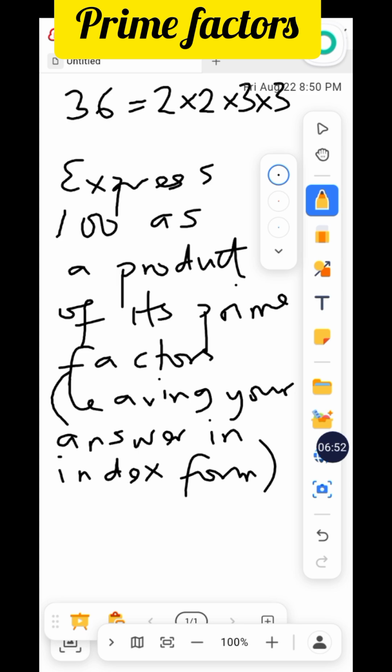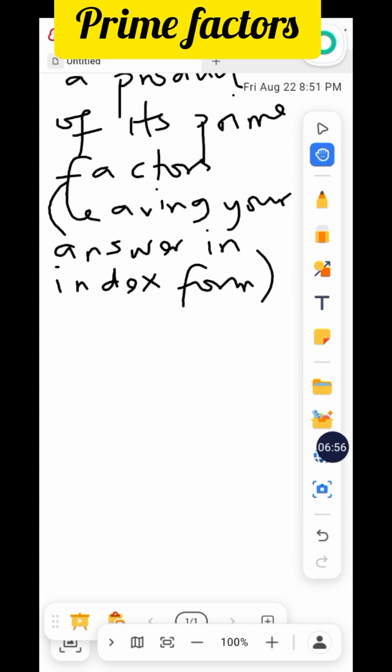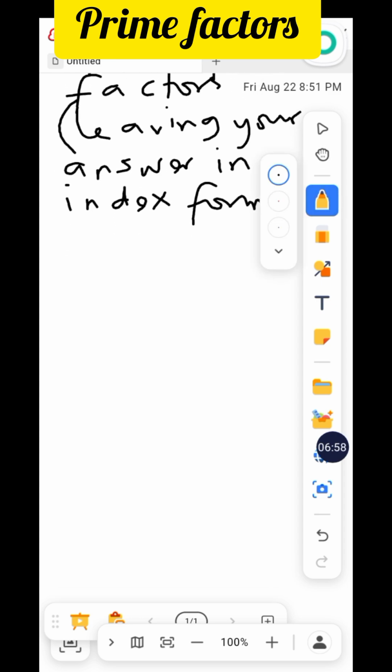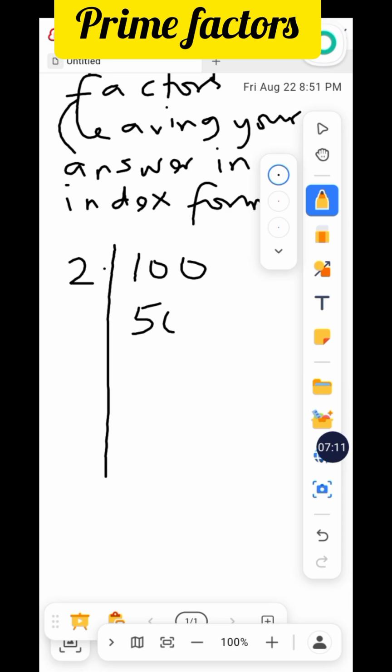So you break your 100 down, like we did in the previous one. You look for the smallest prime number that can divide 100, and that's 2. 2 goes in 100, that will give us 50. 2 goes in 50 again, that's 25.